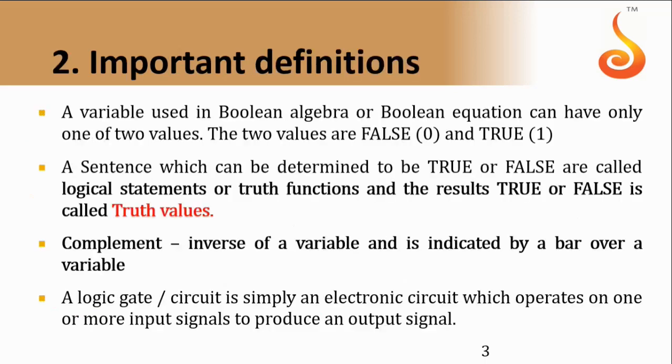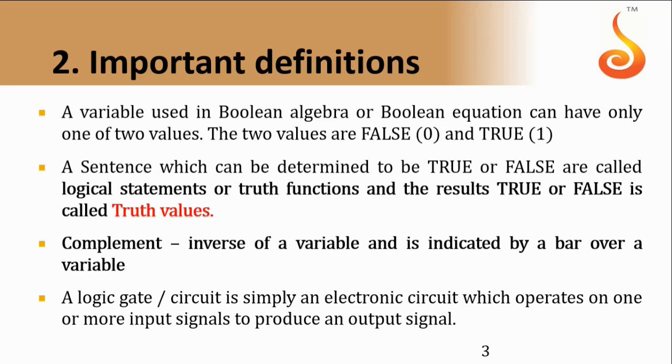So, important definitions. Please learn these, so that it will help you in one marker questions, right? A variable used in Boolean algebra or a Boolean equation can have only two values. Say I write x plus y is equal to something; x and y are variables.